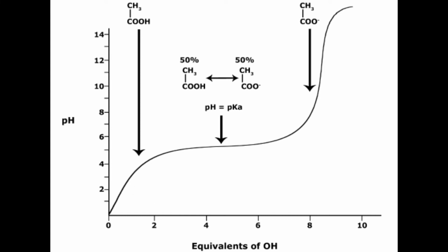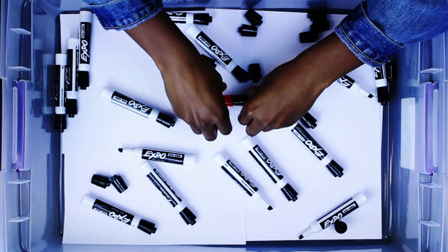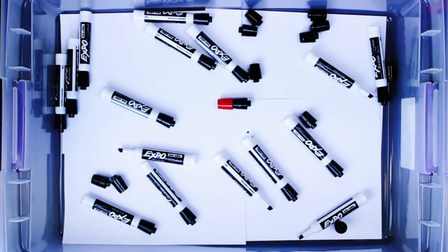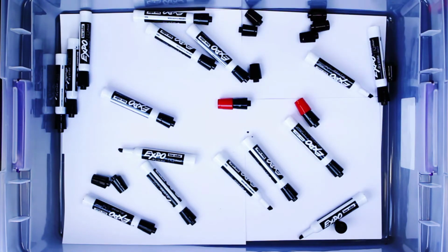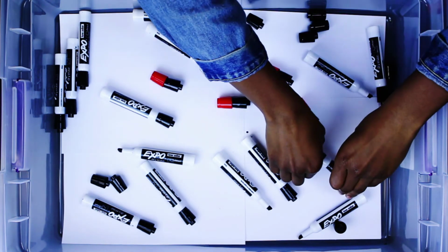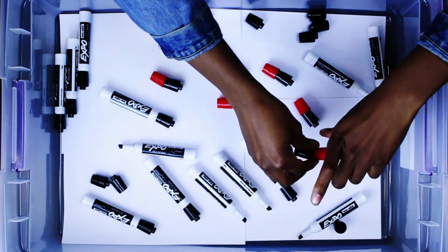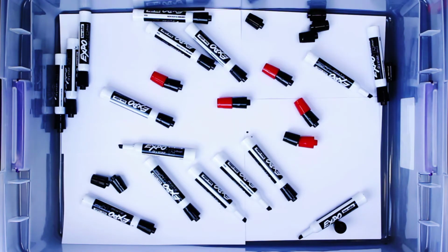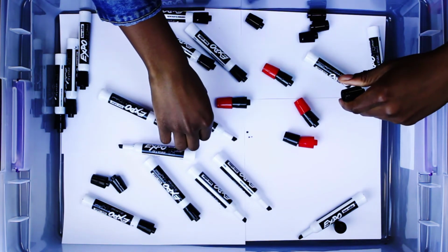So let's see that in action. Here you can see that when the initial OH- is added to the solution, it reacts with a free proton and is neutralized, making water. This lowers the free proton concentration and increases the pH. However, when more OH- is added and the pH begins to approach the pKa of acetic acid, which is 4.76, the molecule starts to shed its H+ ions.